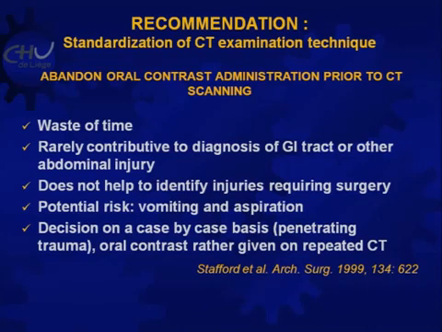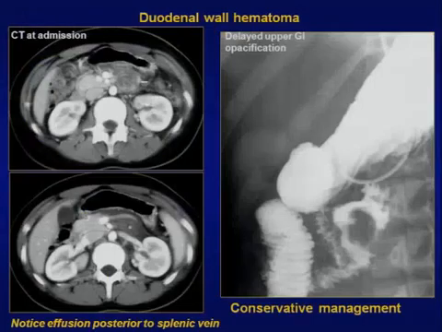This is an example where you have the CT at admission, and you see that at the third part of the duodenum there must be something going on. You do not recognize the normal structure anymore. You also see that there is fluid behind the portal vein. So it's a retroperitoneal location, but the image indicates that the third portion of the duodenum must be involved in the injury.